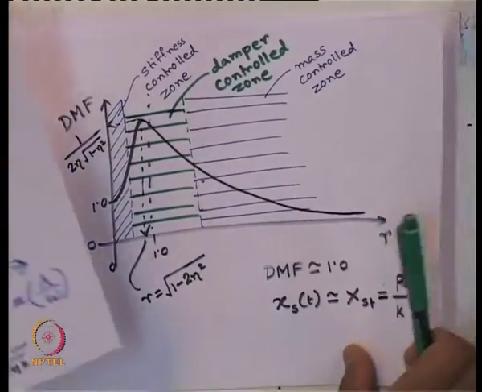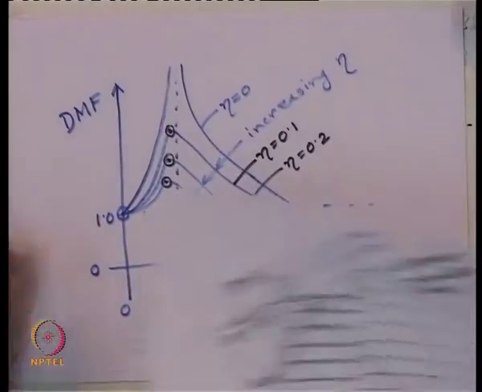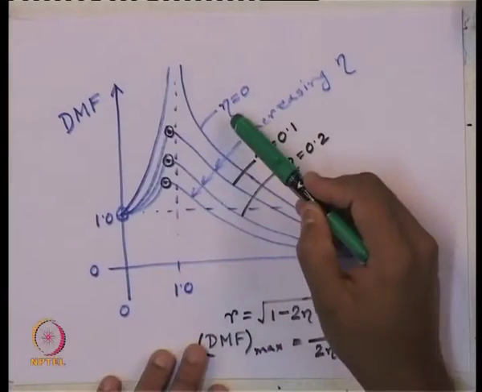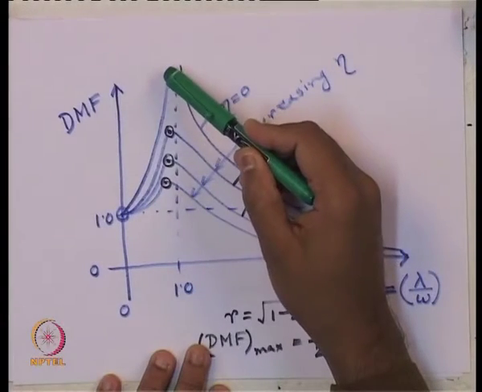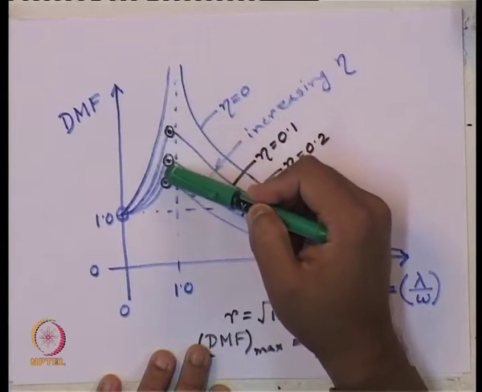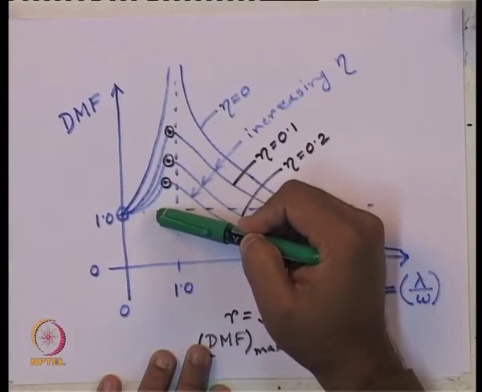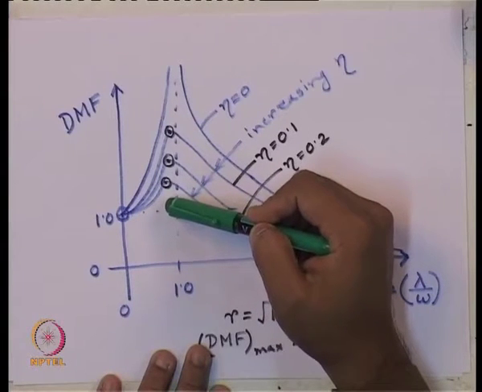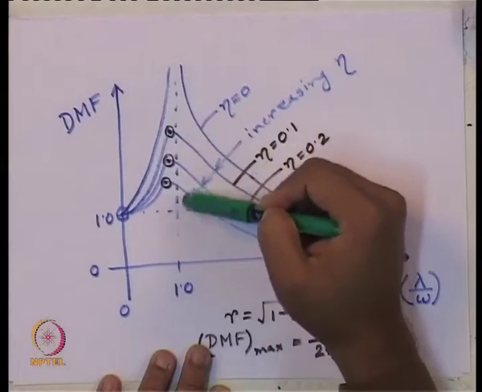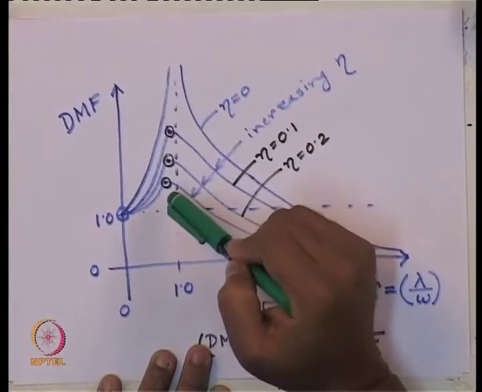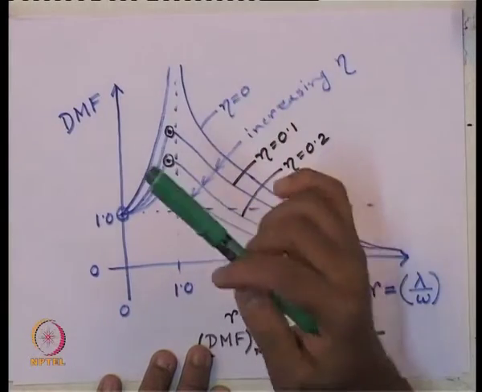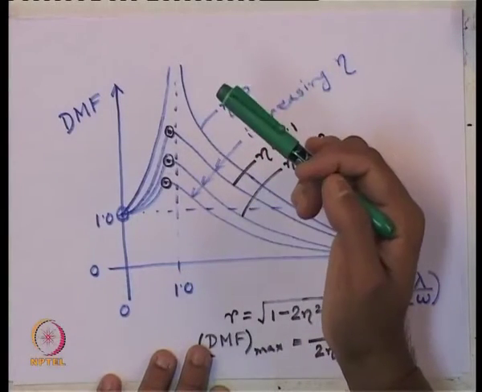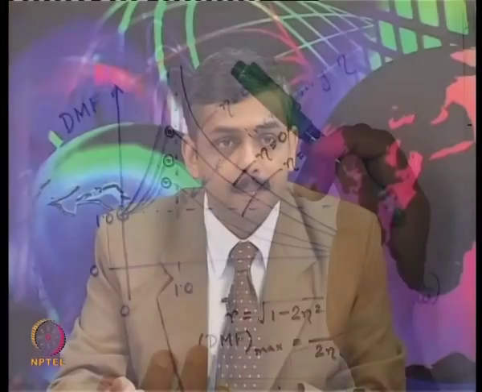Let me place this figure here. If the value of the damping ratio changes, the peak value in this region keeps on changing. So, what does it mean? The value of DMF in this region is directly related to, or influenced more by, the damper.